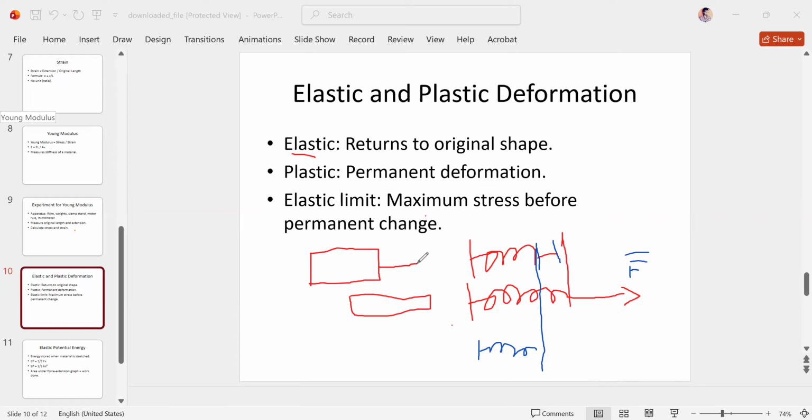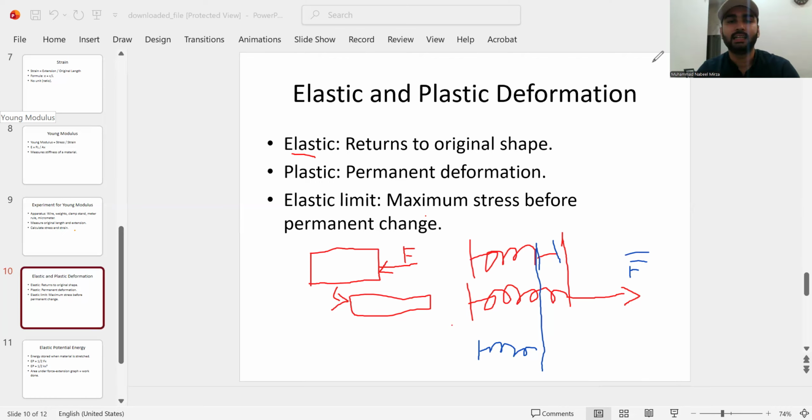I stretch or compress it, applying a force on it, and its shape becomes like this. When we remove the force, it does not come back to its original shape. We say that it is the permanent deformation.